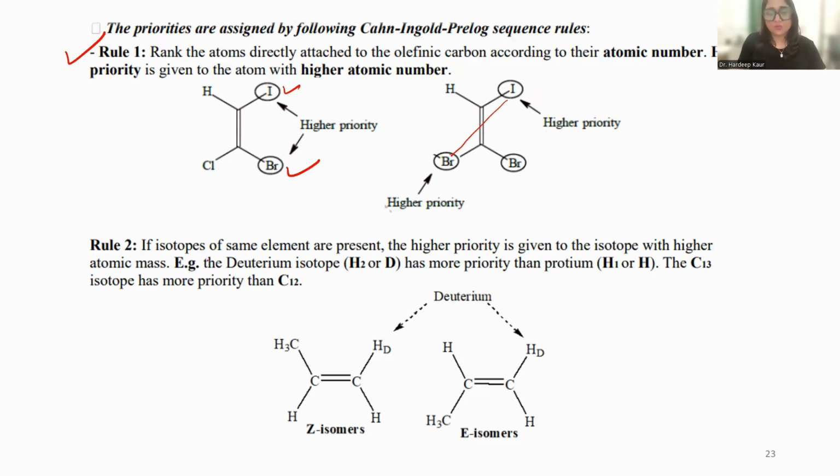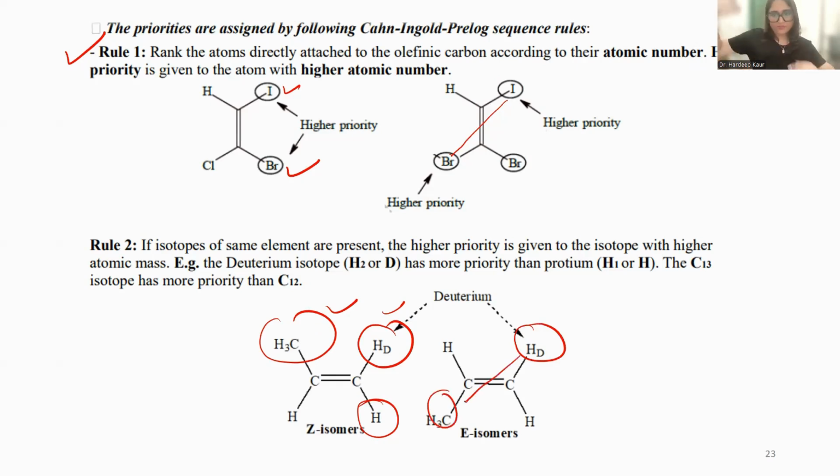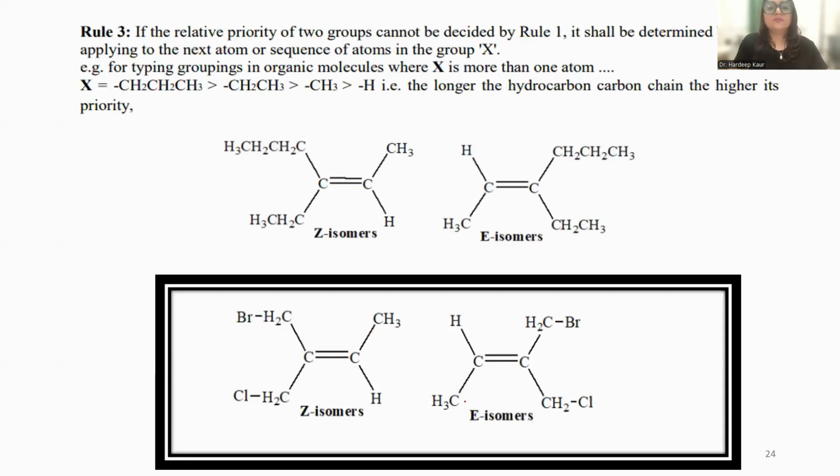And if isotopes are there, suppose this is D meaning deuterium, and this is hydrogen. Obviously, they are different. In this, the higher priority groups are on the same side. And here, they are on opposite sides, then it is E. So rule number 3, if you see the longer carbon chain, they are on the same side, or they are different.